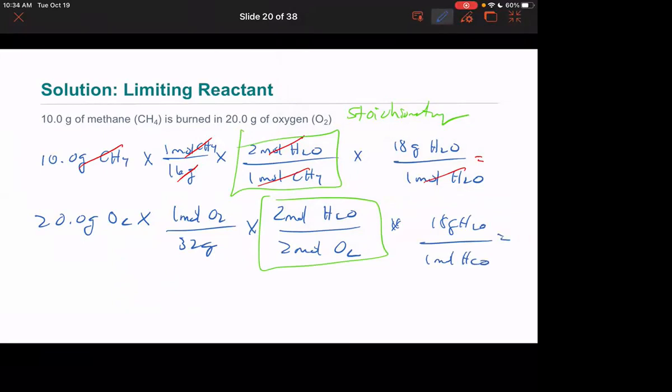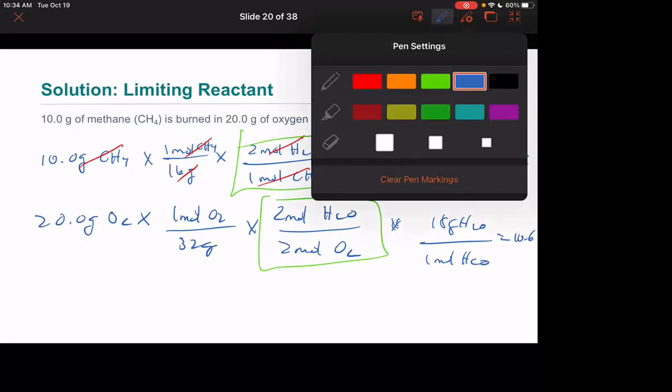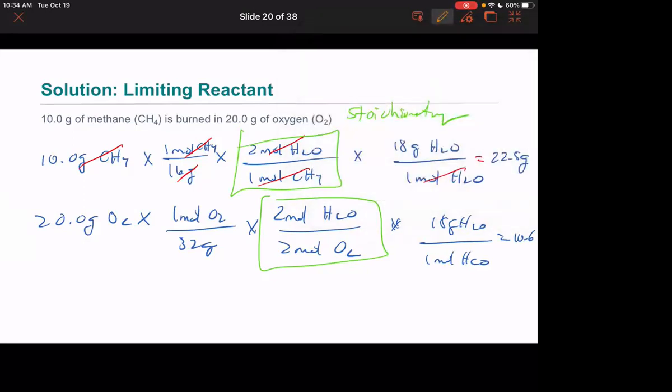Has anybody done any of the calculations? Top one maybe? 22.5 we get? Okay, thank you. 22.5 grams, and that's of H2O. 10.6. 10.6, that's the clear winner for our limiting reactant, because 10 is less than 22.5.